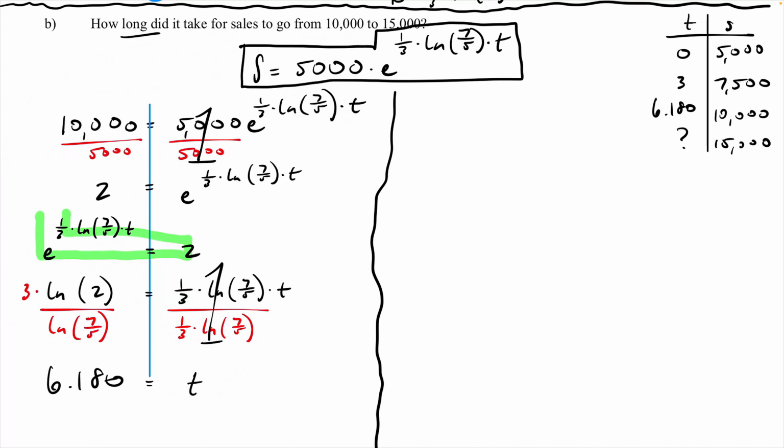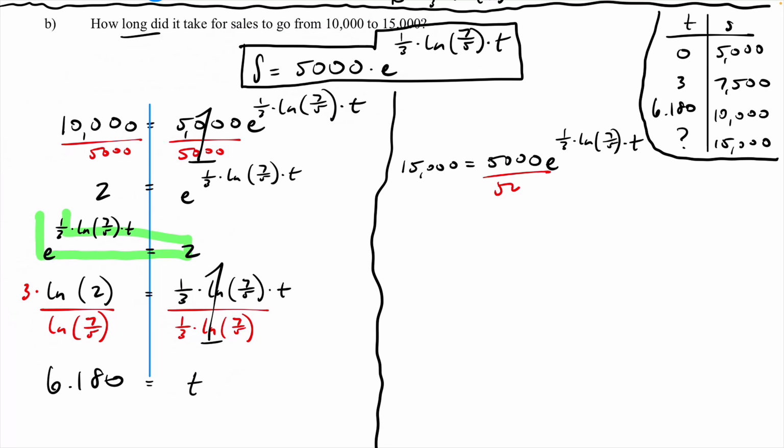So you should get 9 point something. One third times natural log 7/5 times t. So divide by 5,000. You get 3.